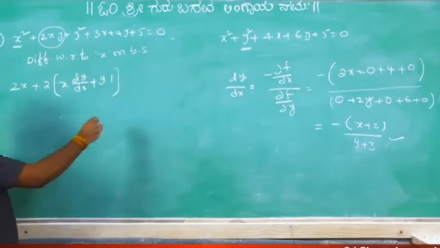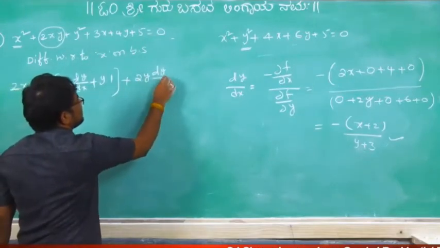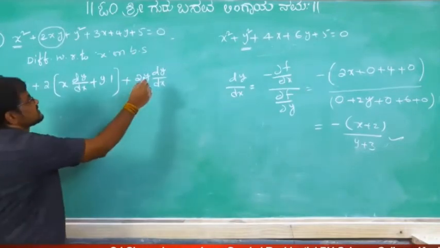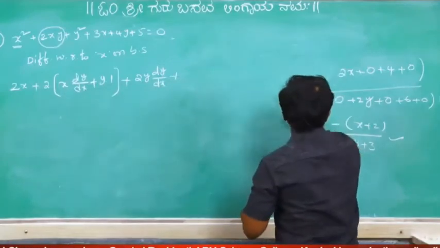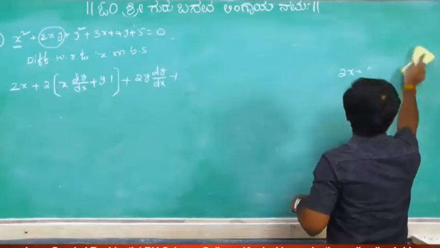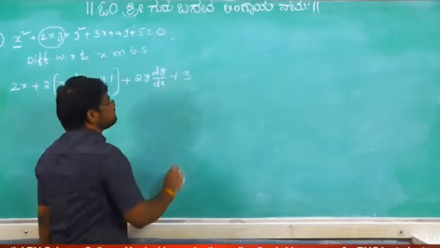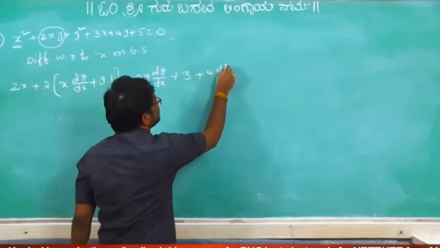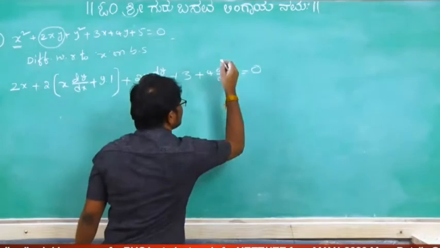Plus differentiation of y square, 2y dy by dx, plus differentiation of 3x is 3, differentiation of 4y is 4 into dy by dx, differentiation of constant 0 equal to 0.